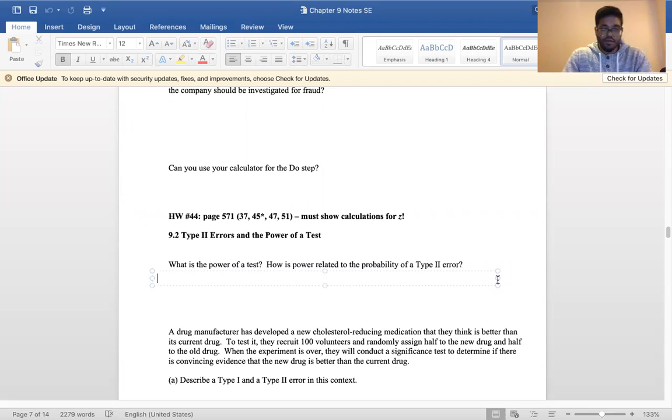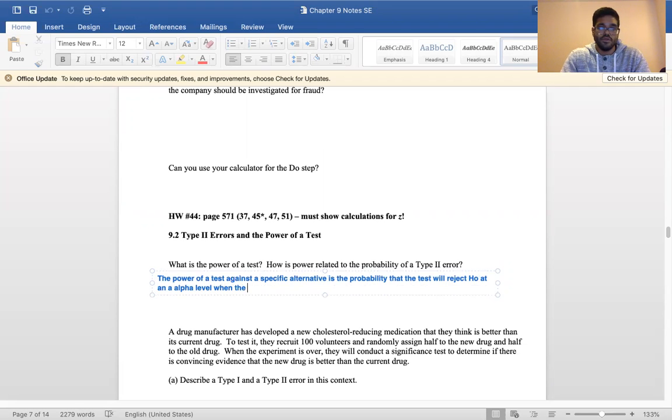So the power of the test against a specific alternative is the probability that the test will reject H0 at an alpha level when the HA value of that parameter is true.